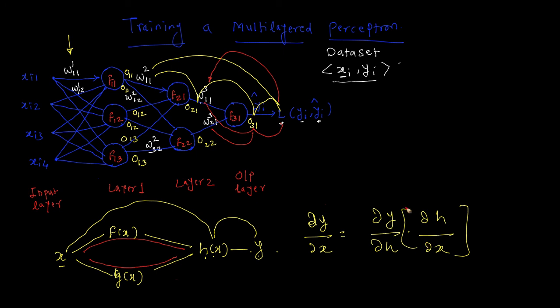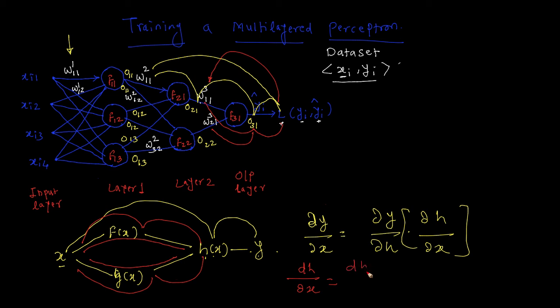So dh/dx is equal to dh/df into df/dx, this path, plus dh/dg into dg/dx.